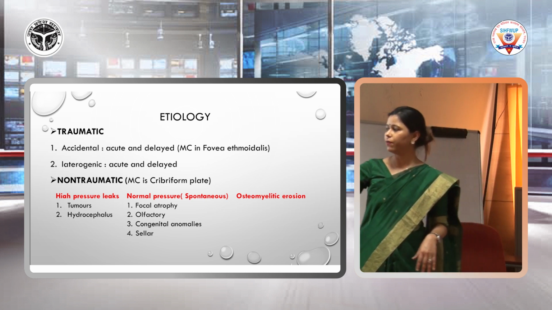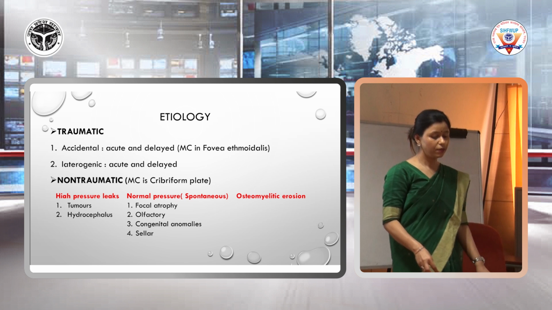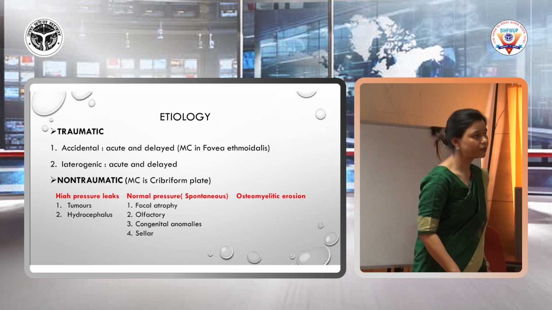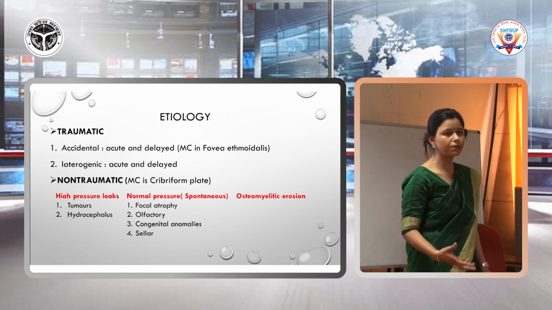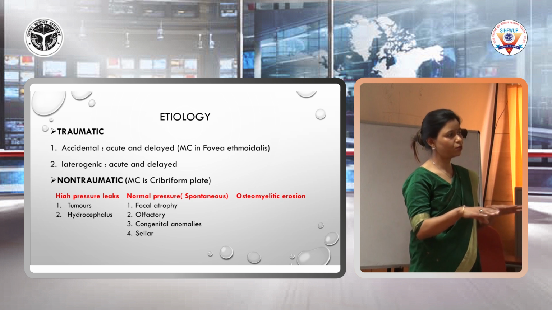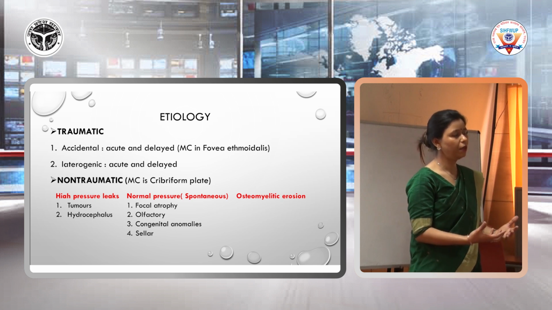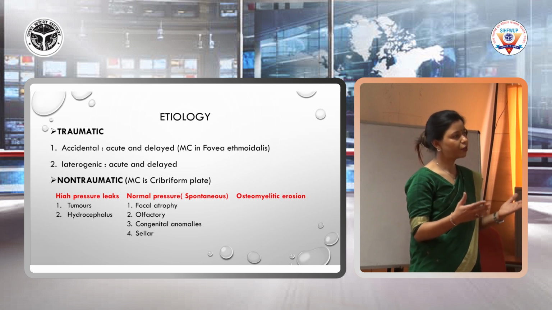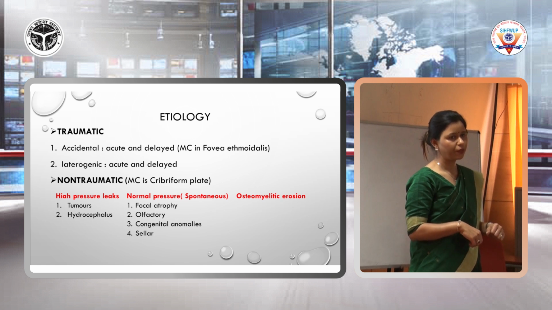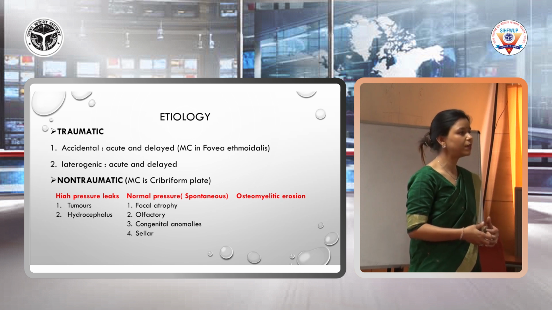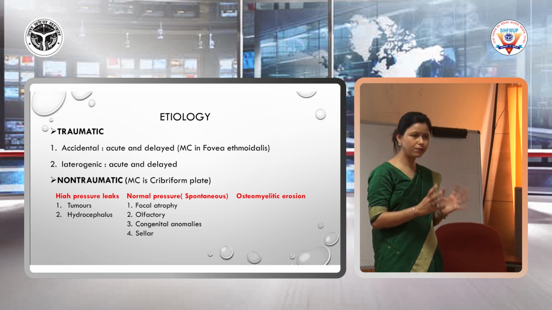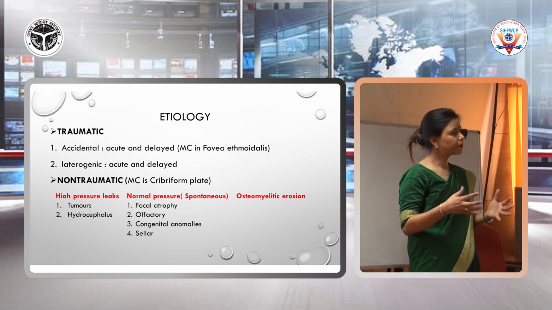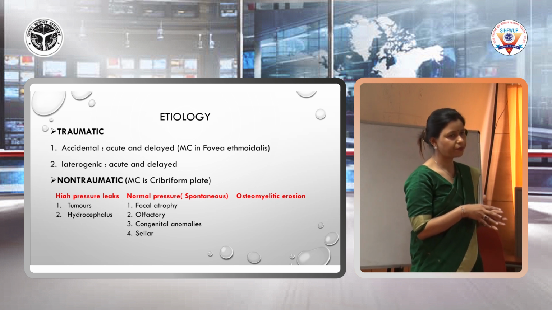Then the abnormal diaphragma sellae in the sella turcica. The diaphragma sellae should close this sella turcica, but when it is abnormal, the dura prolapses into the sella, and when there is prolapse of dura, it will also carry along with it CSF. So the CSF sac is there in the sella turcica, which presses the pituitary.